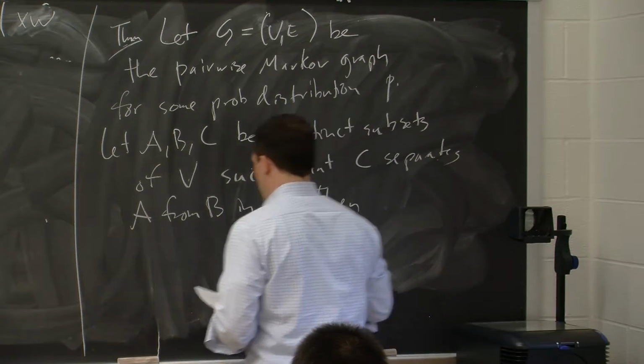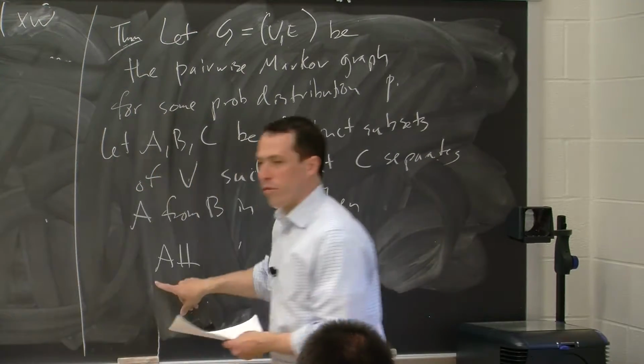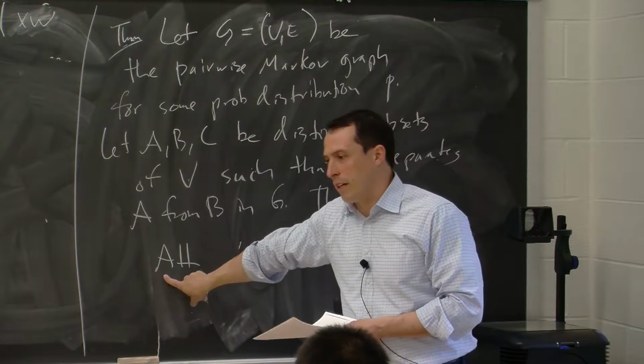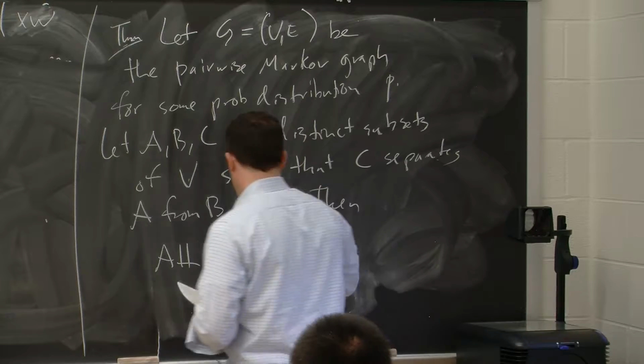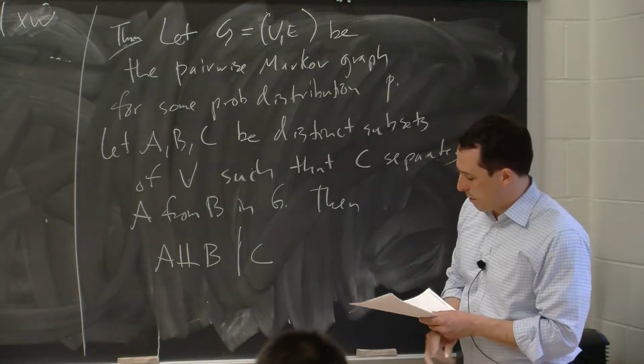Then we can conclude that this whole set of variables in A is independent of all the variables in B given C. So that's a probabilistic statement about conditional independence.